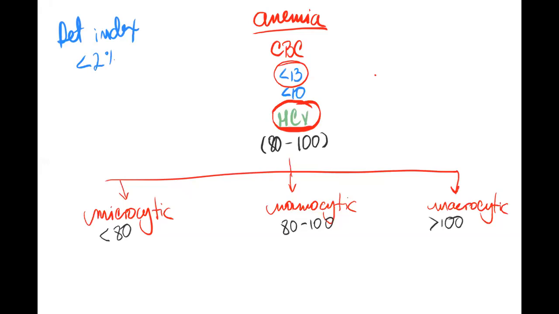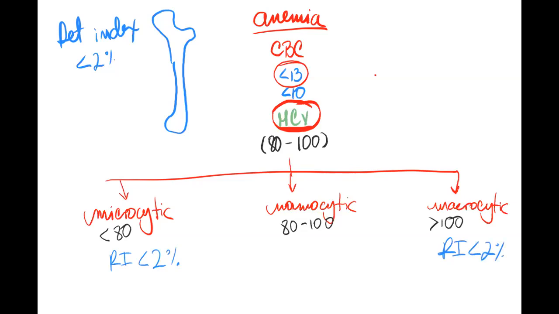For some reason, the bone marrow is producing less hemoglobin and fewer red blood cells, and that is leading us to a microcytic anemia or a macrocytic anemia. So in microcytic anemia, the reticulocyte index is less than 2%.